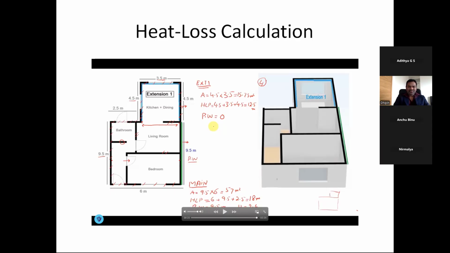Shouldn't that be 6 meter, 9.5 plus 4.5 meter? Can someone say why it is not 20.5 and why it is 18?